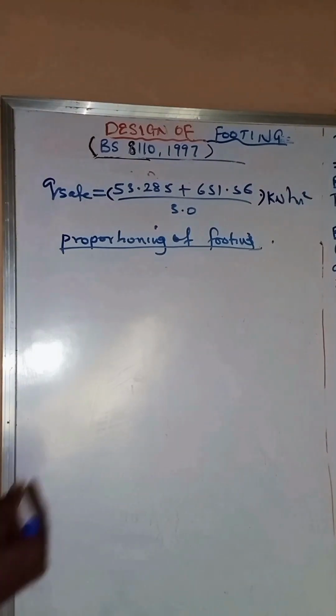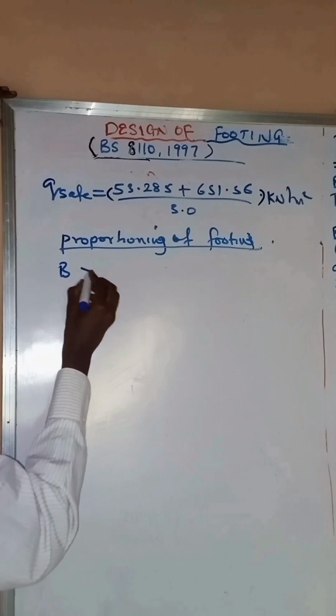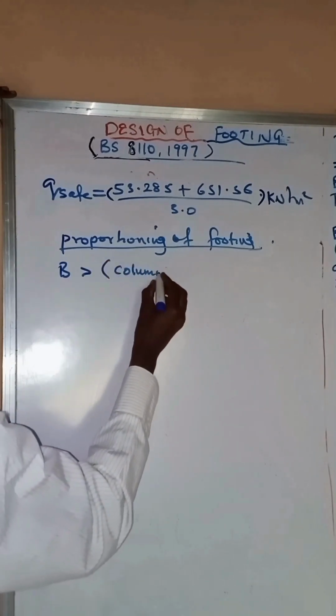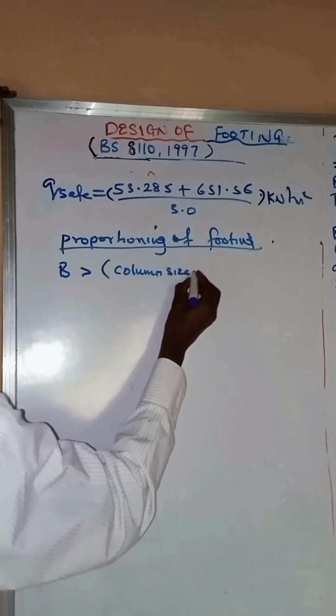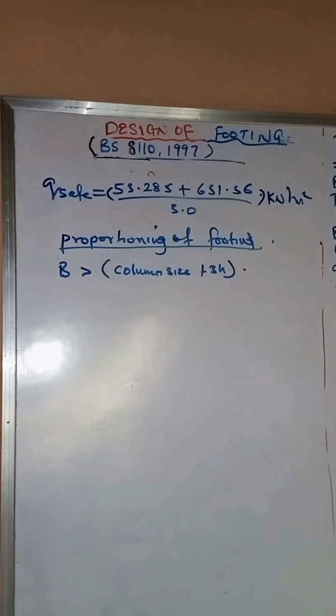The punching shear requirement is that the breadth of the footing, B, must be greater than the column size plus 3h. All right. So this is the punching shear requirement. This punching shear requirement requires that the breadth of the footing must be greater than the column size plus 3h.